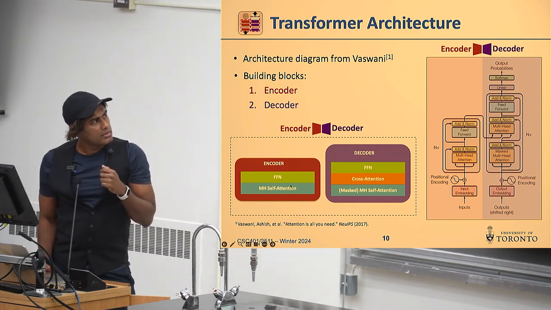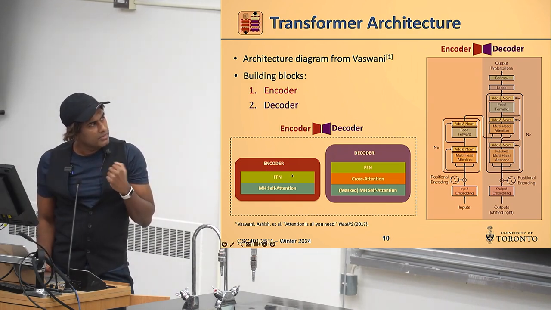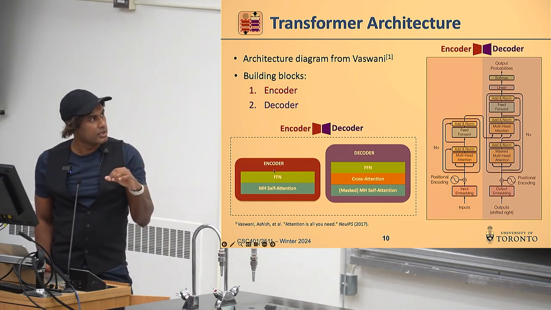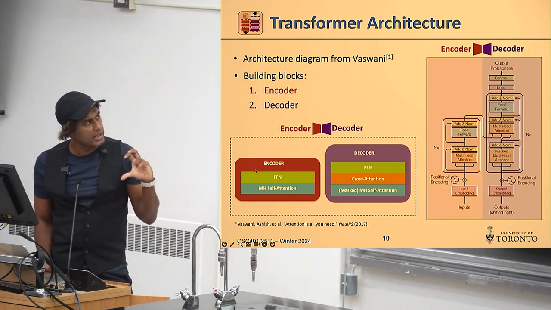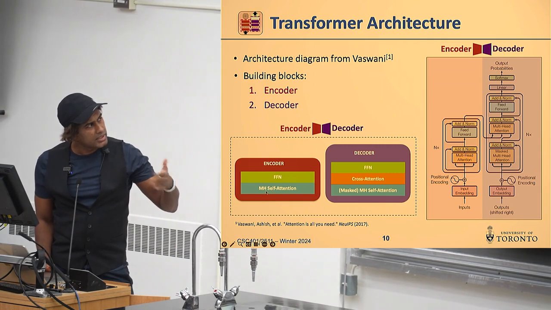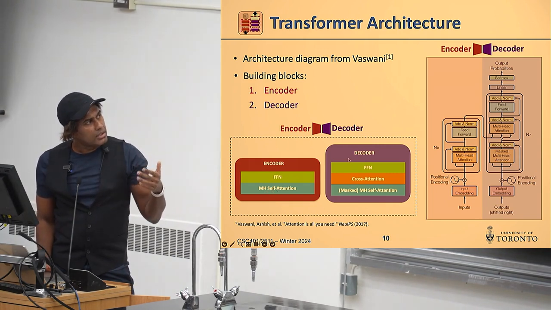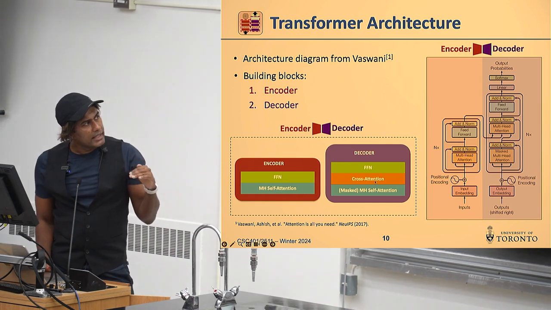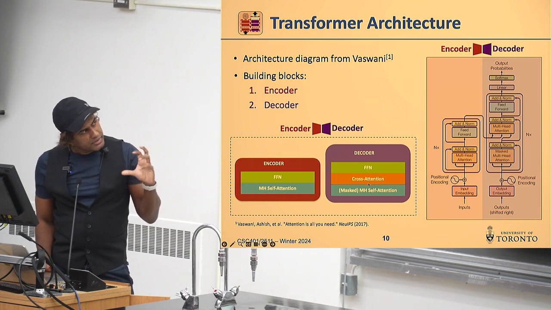The inner blocks inside each of these blocks are sublayers. Consider this as one encoder layer. It consists of 2 sublayers: FFN, which is the feed-forward network, and a self-attention layer. On the decoder side, we have the same thing, but we have another layer called cross-attention. Otherwise, these represent the sublayers.